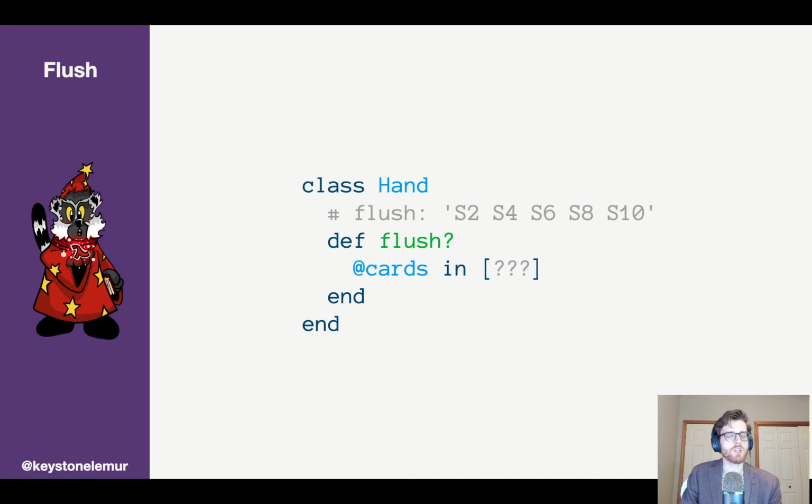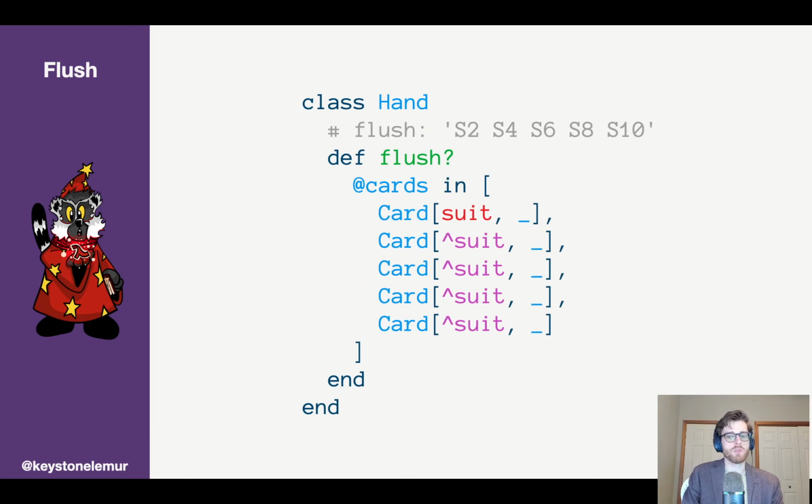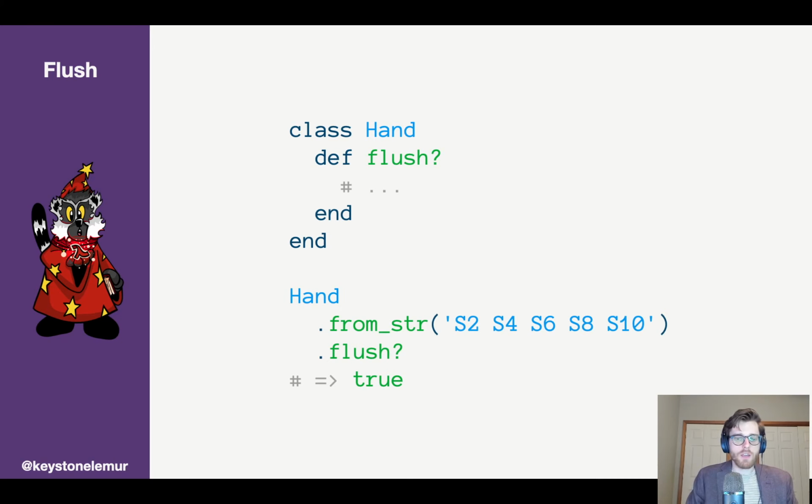Now, much like 4 of a kind and royal flush, we're going to want to capture the suit and make sure that that happens to be the same by capturing the first suit that we run into and pinning the rest. Then we want to test that. And we find out that our example is indeed a flush.